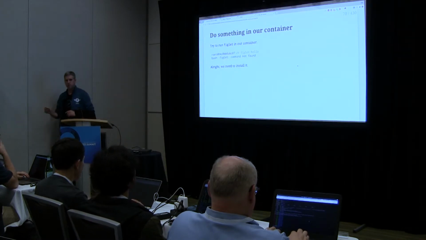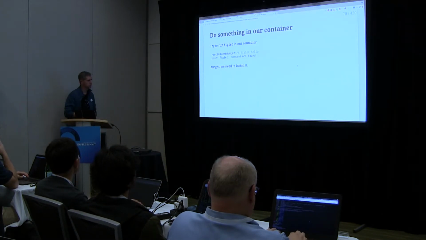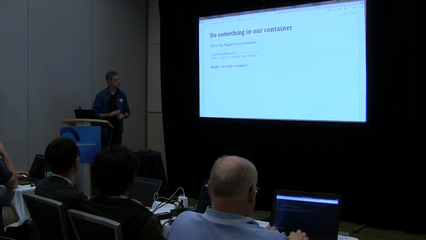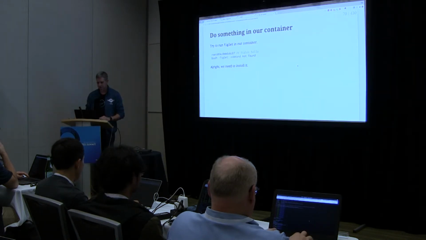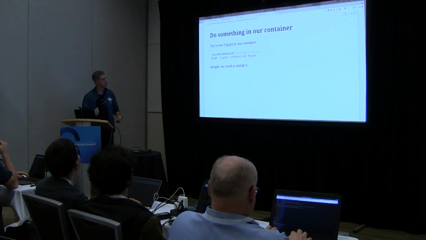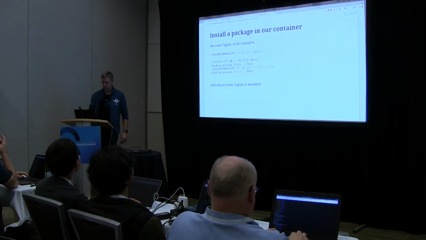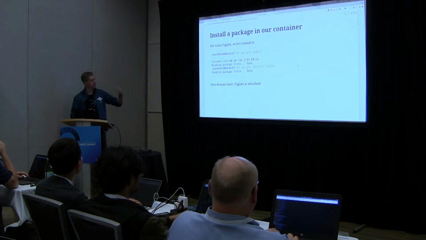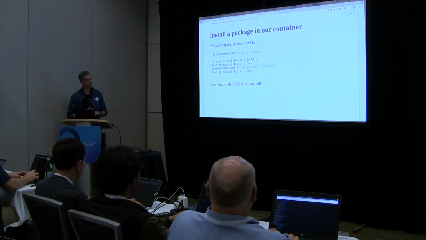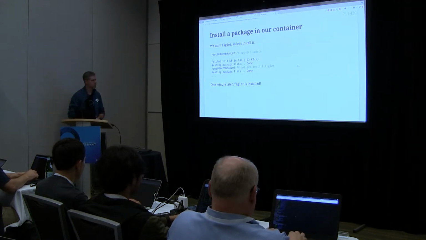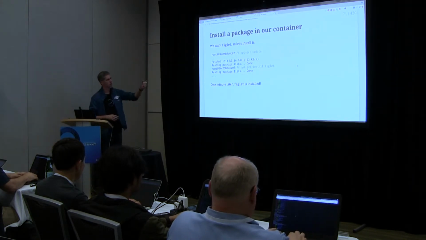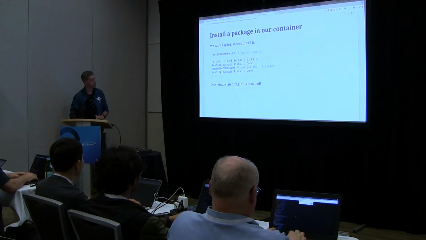All right, so if you're still at your prompt, if you're not, you can do the docker run -it ubuntu again. This is just showing that we can actually modify this container, so if you try and run figlet, nothing happens because it's not installed. You can do apt-get update, and that will update your package cache, and then apt-get install figlet.